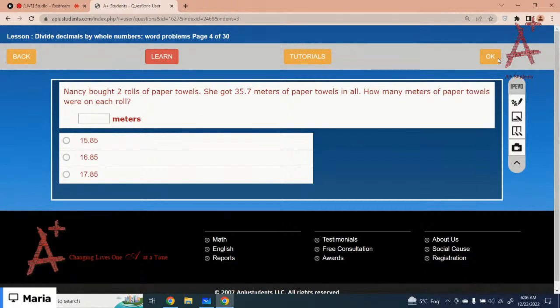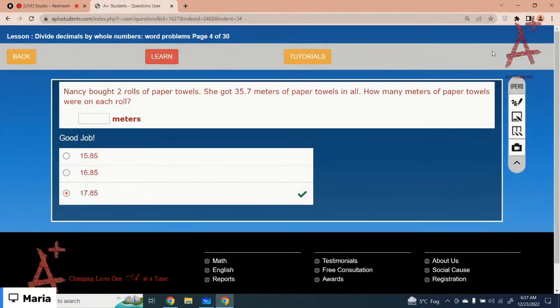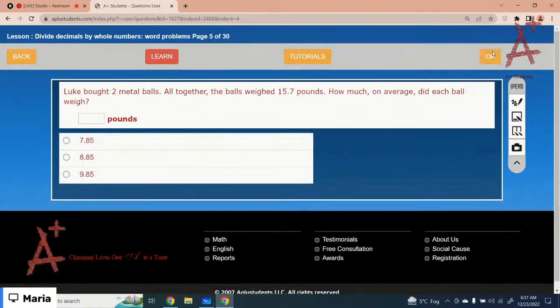Who is going to answer? It is 17.85. Got it. The correct option is 17.85. Just select the correct option, then click on the OK button. Option number 3 is the correct one.